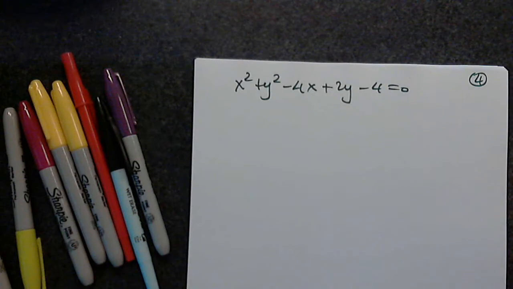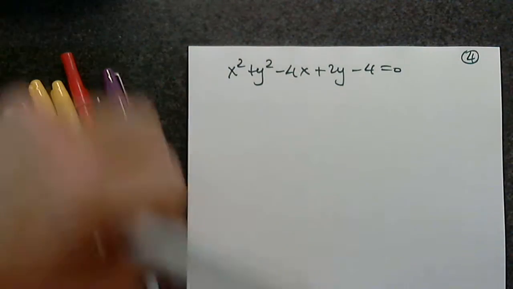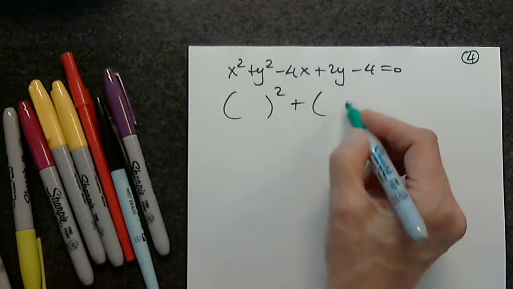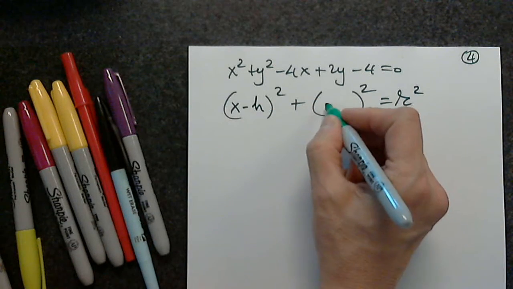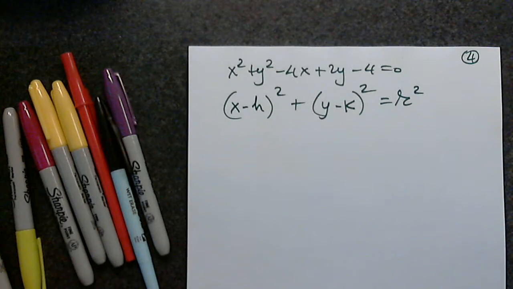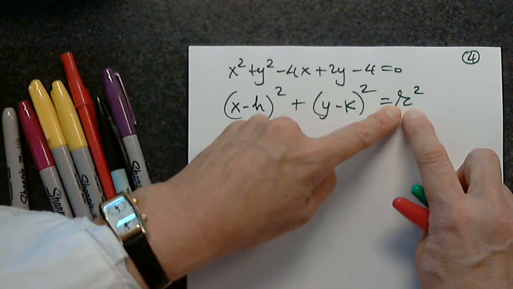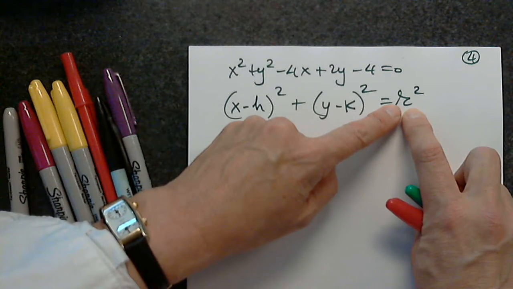So if I manage to put it in this form, x minus h and y minus k, if I manage to change all this into something like this, then I would say yes, it's a circle, as long as this is not 0 or a negative number.